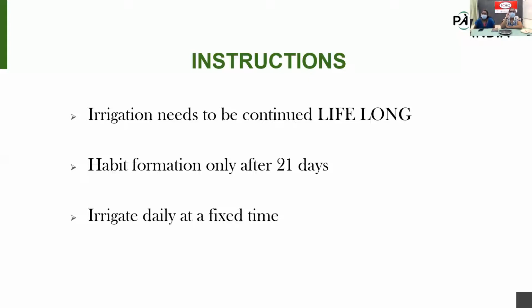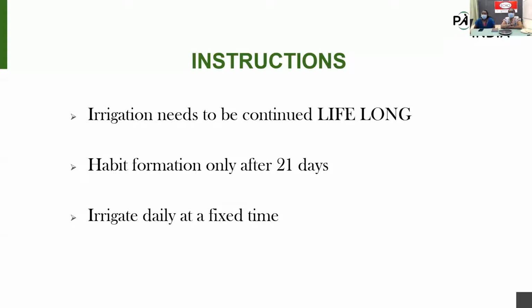The colostomy irrigation should be done lifelong, and after 21 days only the habit will be formed. Then colostomy irrigation should be done on a daily basis at a fixed time.